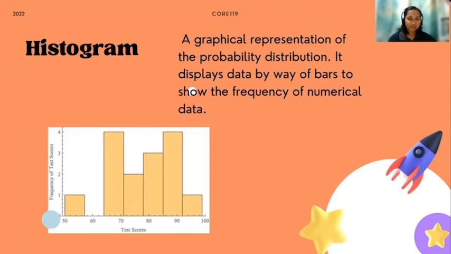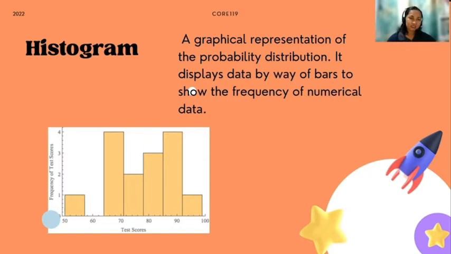A bar graph is a pictorial representation of data that uses bars to compare different categories of data. But a histogram displays data by way of bars also, to show the frequency of numerical data, as presented in this definition.